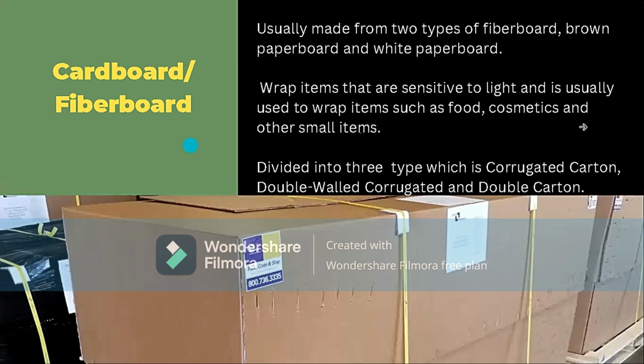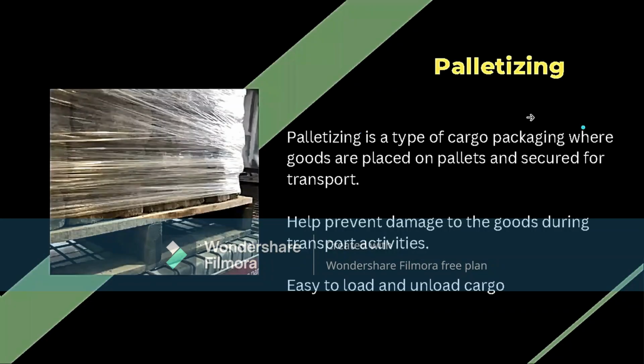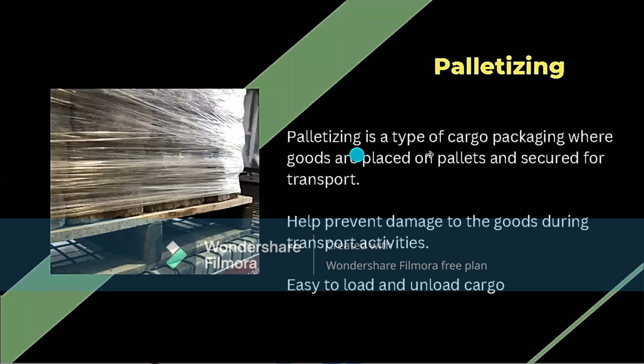So next is palletizing. Palletizing is a type of cargo packaging where the goods are placed on a pallet and secured for transportation.